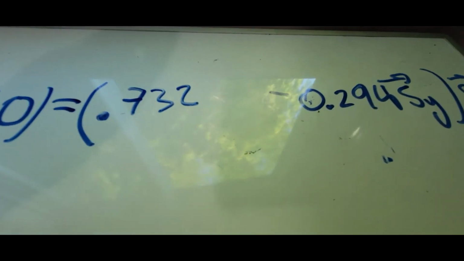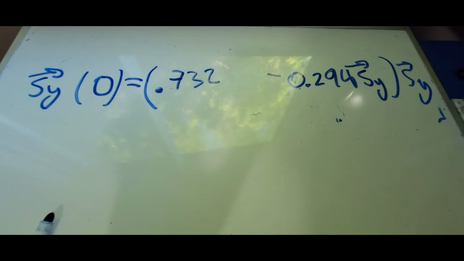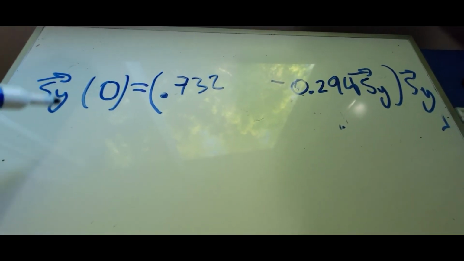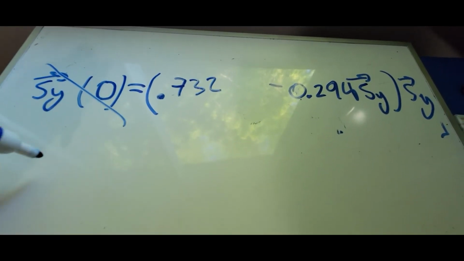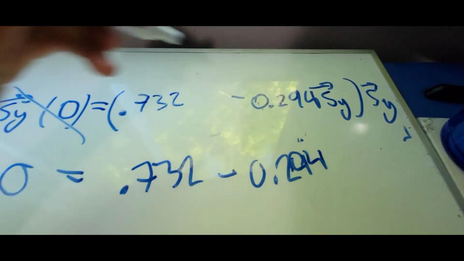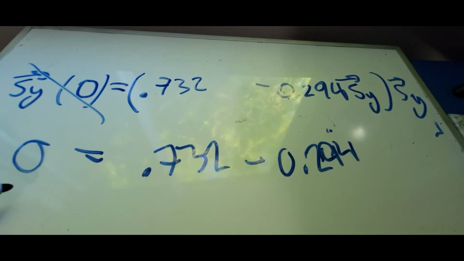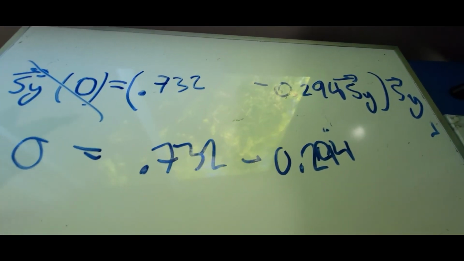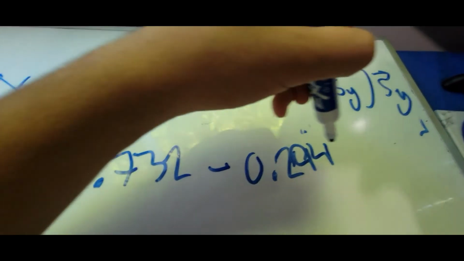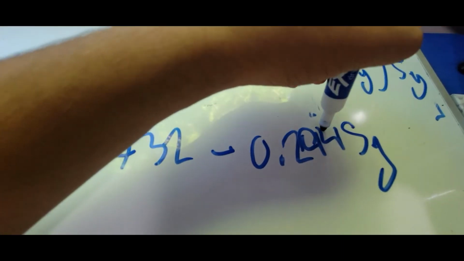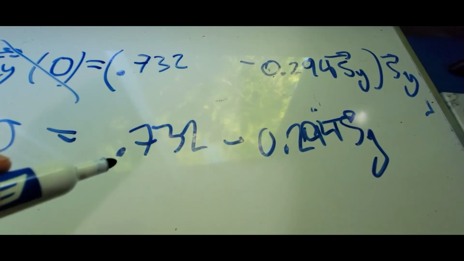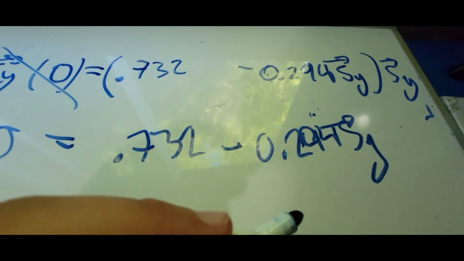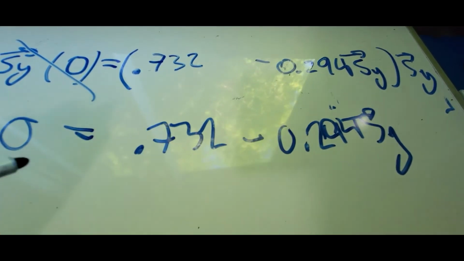Now we notice that here, this equates to 0. We divide both sides by sy, we'll get 0 divided by sy, which is equal to 0 again. So basically, we're just left with this when it's all said and done.